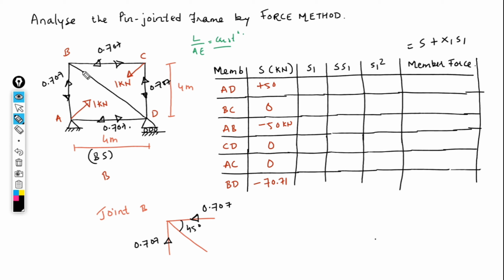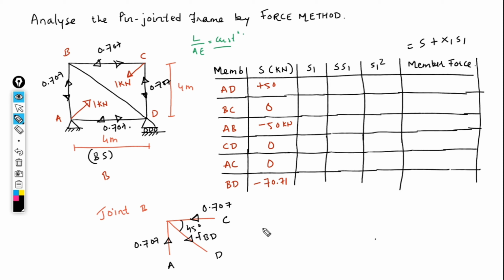To find the member force in BD, I will consider joint B and draw the free body diagram of joint B. Joint B is connected to joint C and joint A. So we know the member force in member BC. We also know the member force in member AB. Here for BD I will assume the member force FBD is away from the joint.